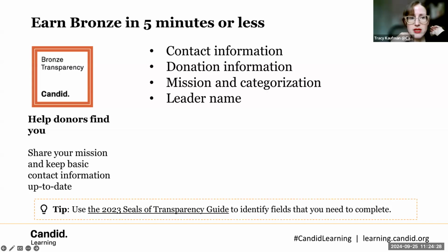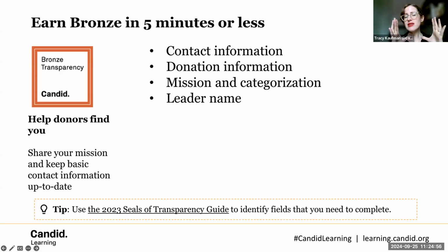Okay, so a bronze seal of transparency you could have very, very quickly. Really, you just need to put your mission statement in there and make sure that your leadership's contact information is up to date. Even if you don't have the time or the bandwidth to go further than this yet, it would at least be worth your while to have a bronze seal for now.